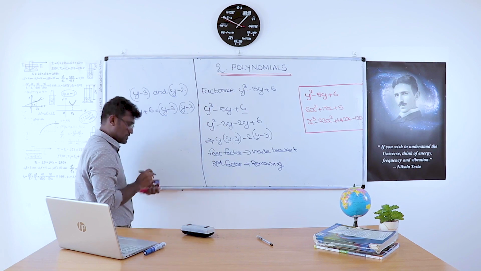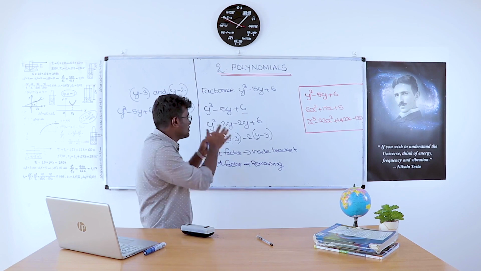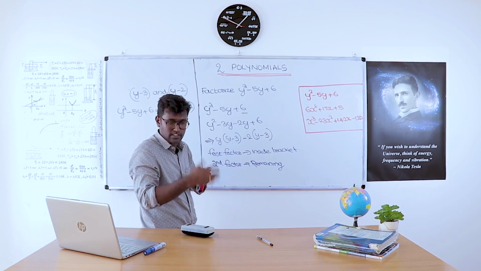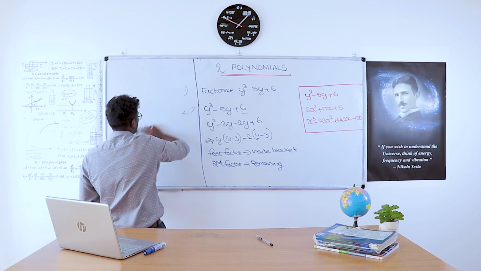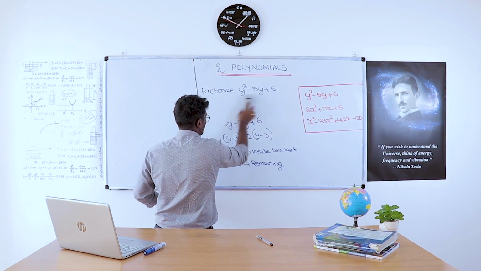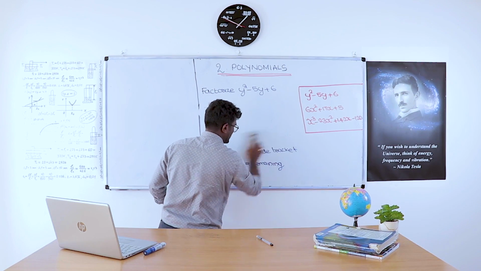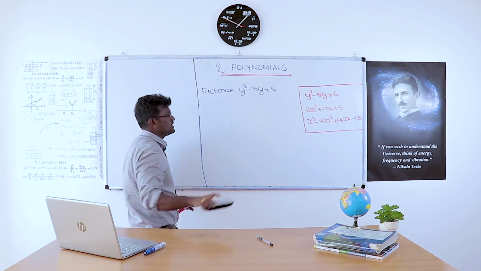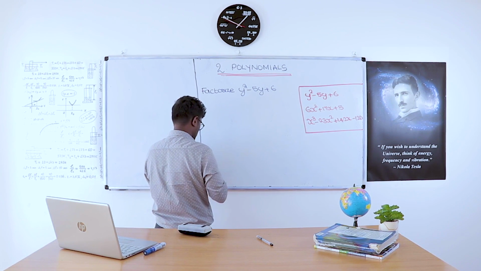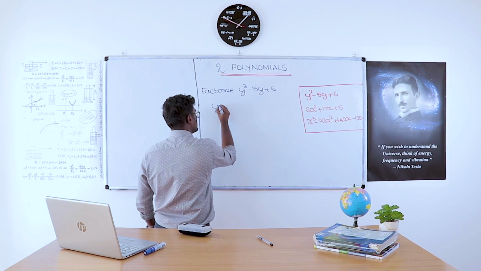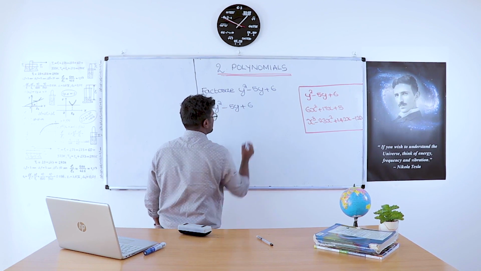This is the first method, called middle term splitting. We can also use the factorization method. It is so simple. We use a small technique to find the factorization of this polynomial, y square minus 5y plus 6.